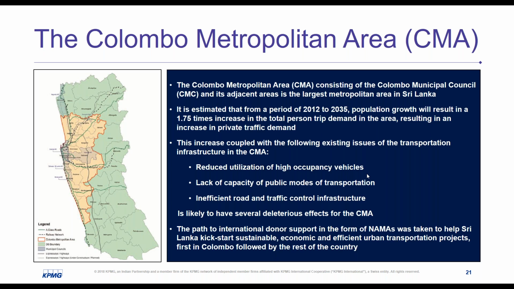Now, while there were obviously considerations on how the funding of the BRT itself could come up, we thought it was more apparent for us to look at interventions within the BRT and not look at funding the entire BRT through a NAMA-based intervention. So it's just the reason why we were thinking on how to best utilize a project which could result in additional, sustainable mobility solution than just looking at infrastructure development in the form of BRT.